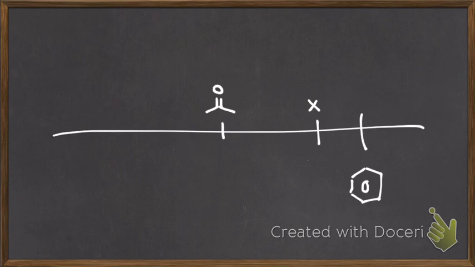So let's say you have this, and we want to know, and remember we said... Hang on. Let me draw another one. We want to place this. So that would be an example of a deactivated ring.